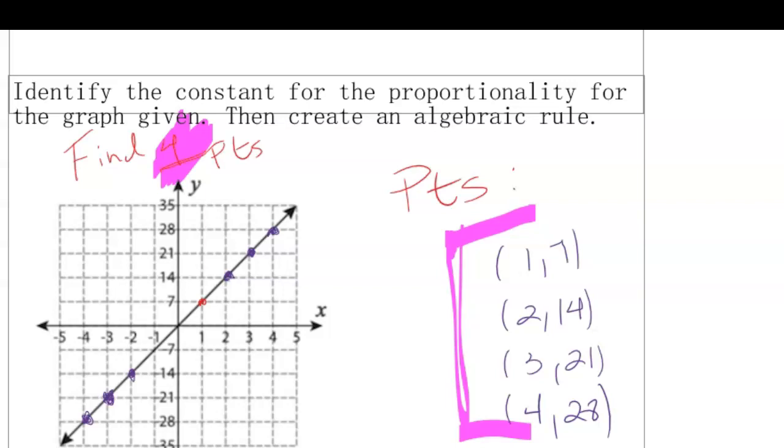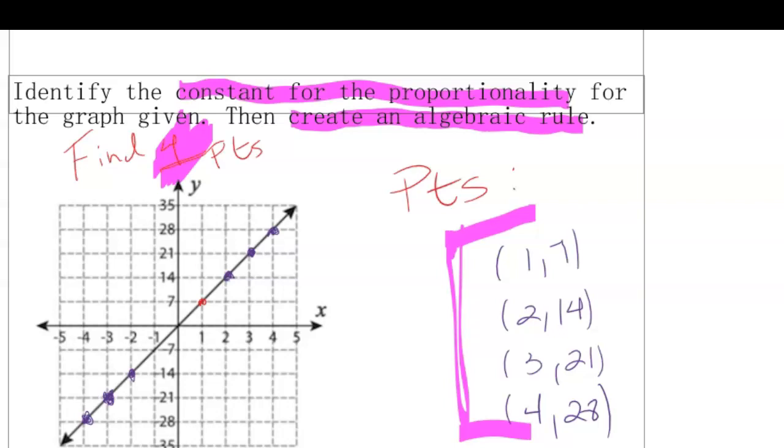So given my points, we will then identify, like it says right here, the constant of proportionality, and then create an algebraic rule. Those are the key facts we will identify today. Given that information, do we have to make a table? In some cases, we might.